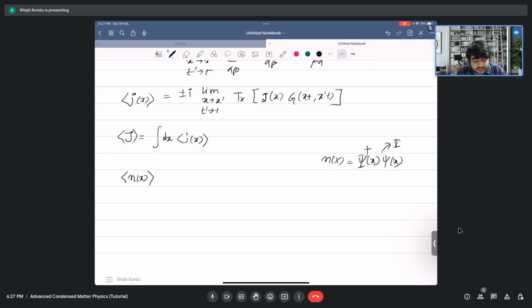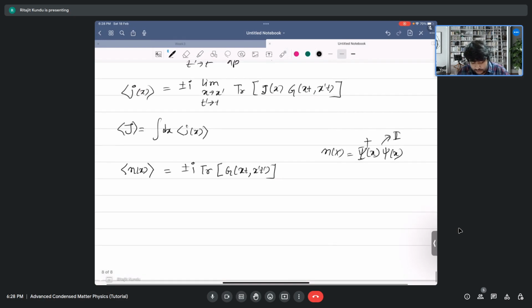So the matrix for nx is just identity. So nx average is given by plus minus I trace of just the Green's function. So you see that very easily, if you know the Green's function, you can directly calculate the density expectation.